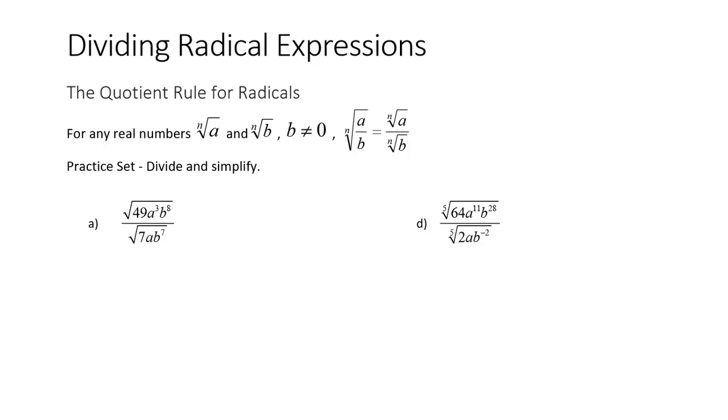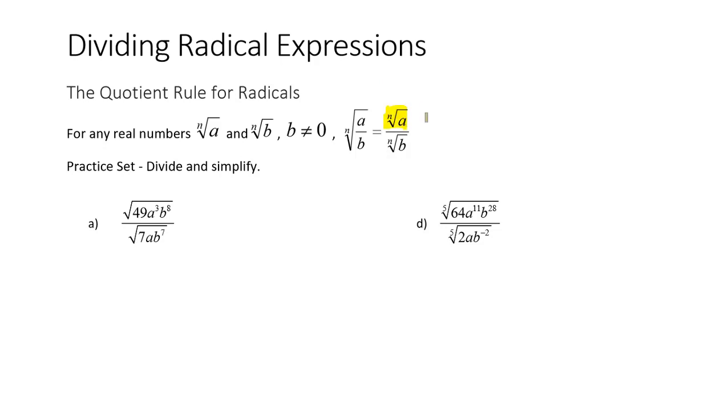In this section, we're going to look at dividing radical expressions. The quotient rule for radicals says for any real numbers where the nth root of a and the nth root of b exist, and b does not equal 0, that's very important, then if we have the nth root of a over b, we can break it up into two parts, the numerator and the denominator.